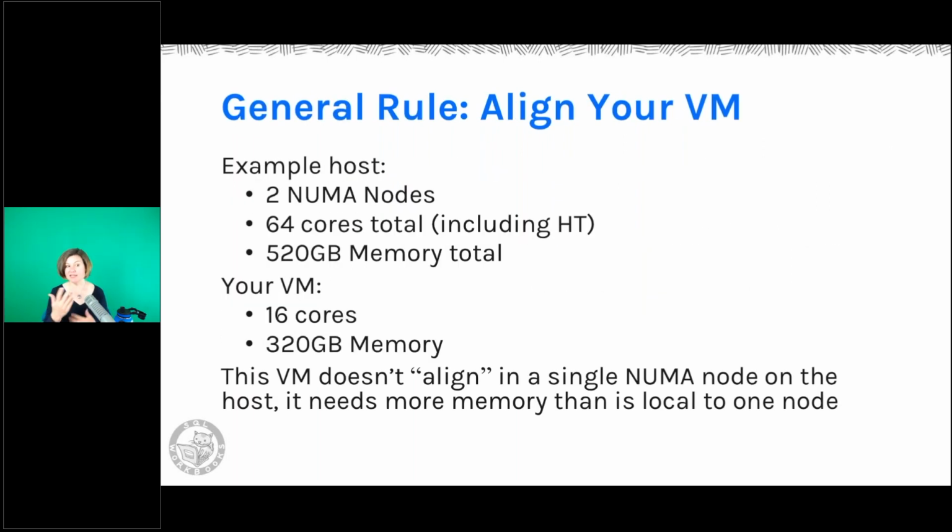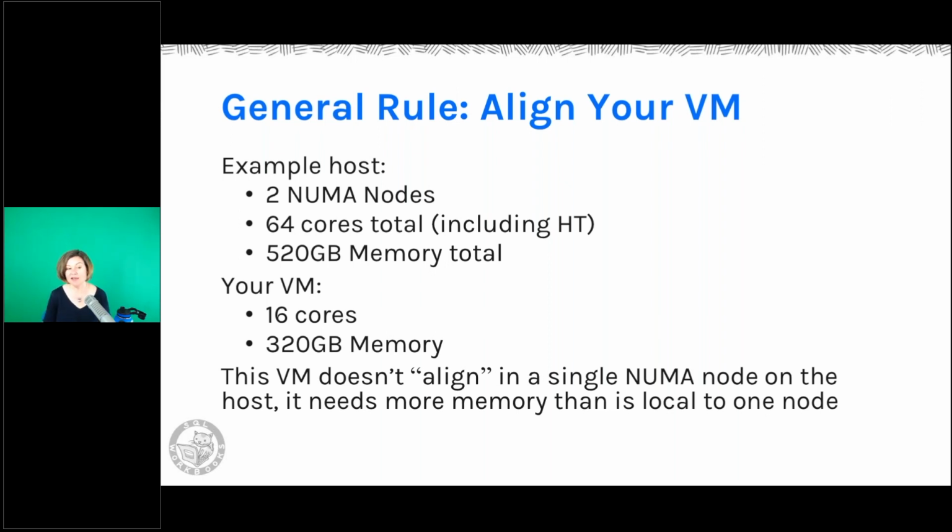Let's say my host has 2 NUMA nodes, 64 logical cores, so 32 physical cores with hyper-threading enabled. So there are 32 logical cores per NUMA node, and I've got 520 gigs of memory across both nodes.